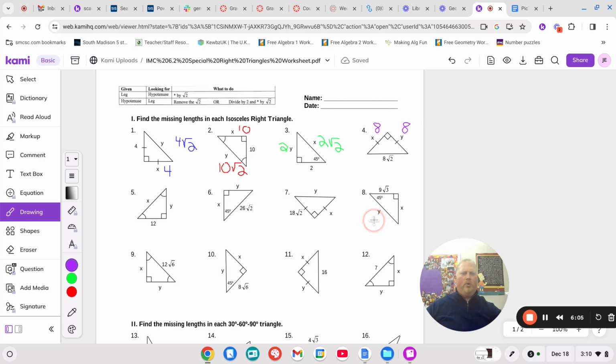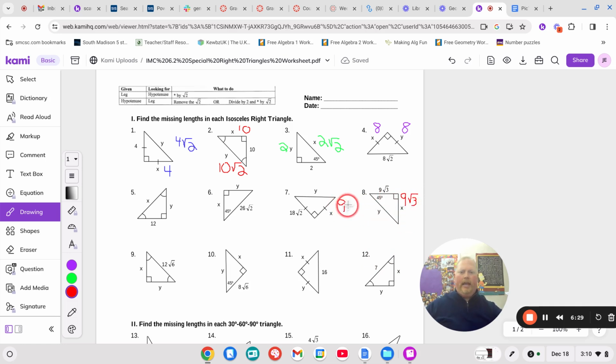Tell you what, let's jump down to question number 8. So it tells us the leg is 9 square root of 3. So that means the other leg is also 9 square root of 3. But to find the hypotenuse, I have to take that leg and multiply by square root of 2.